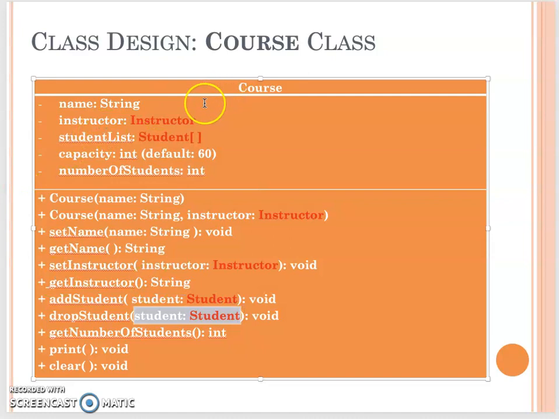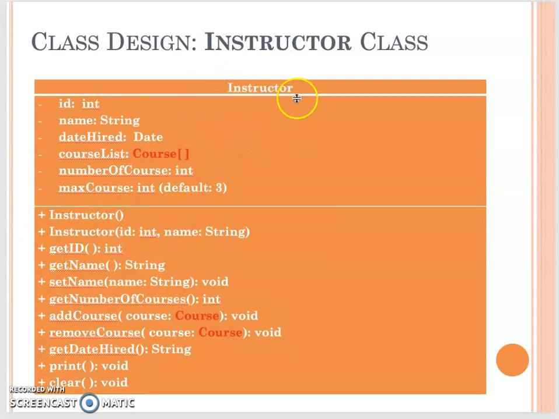So then after you have the course almost complete, like from assignment 5, then you see here, instructor. How should we implement instructor? Your instructor has an instructor ID number. You have the name. You have the date on which they were hired. And the instructor should have a course list, the courses they teach.